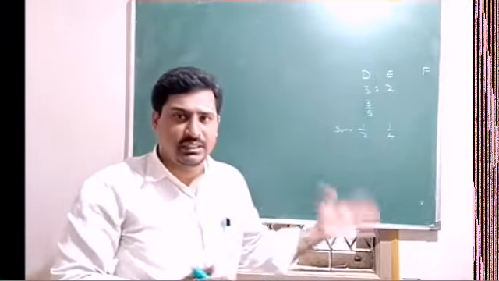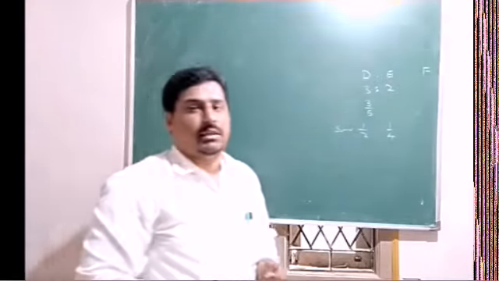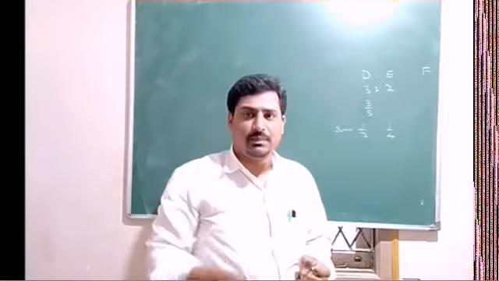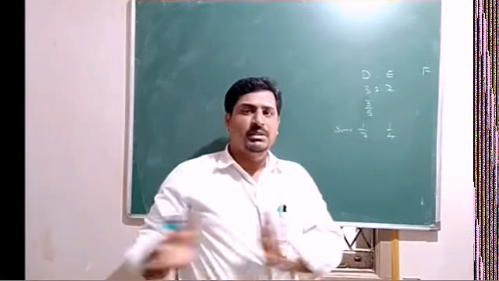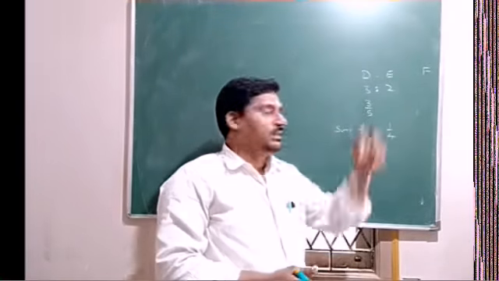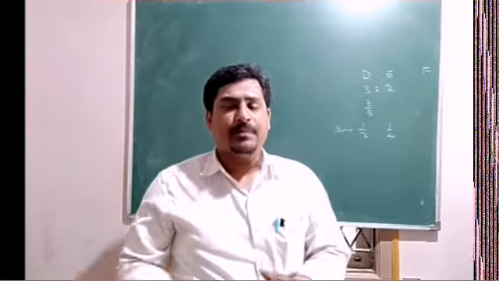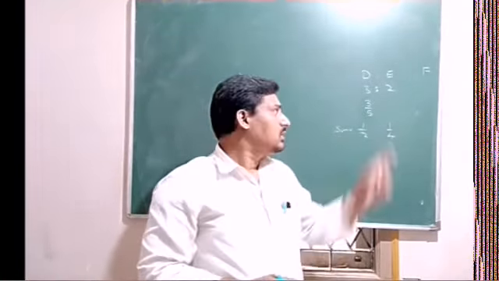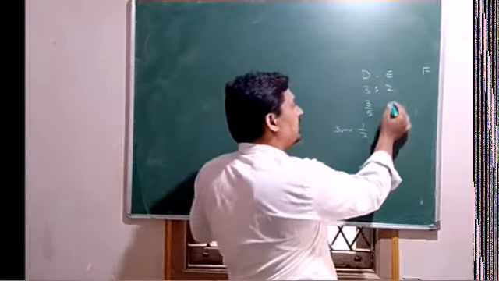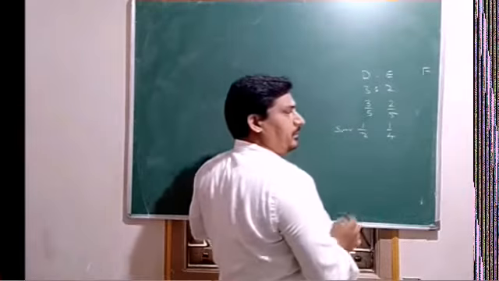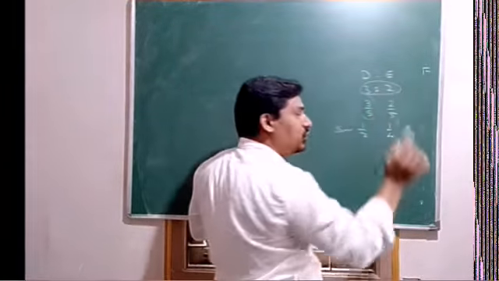Then 3 parts are taken by D and 2 parts are taken by E. If they make a profit of 100 rupees, they divide it by 5, so 20 rupees each. Then into 3, 60 rupees is taken by D, 40 rupees is taken by E. So 3 by 5 is D's share and 2 by 5 is E's share.